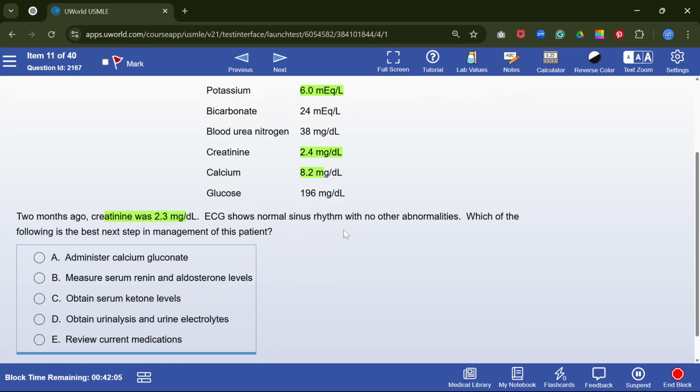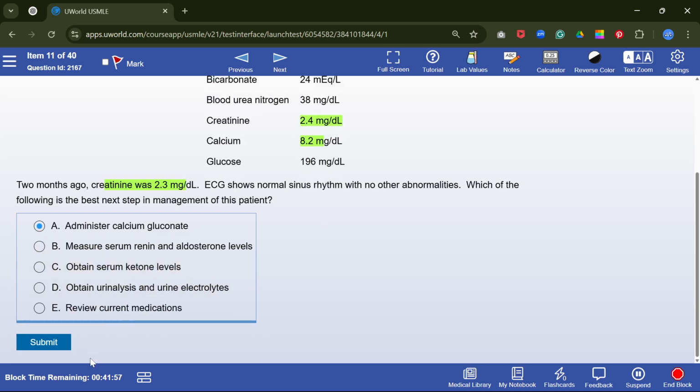Is it hyperkalemia management? And glucose is high.